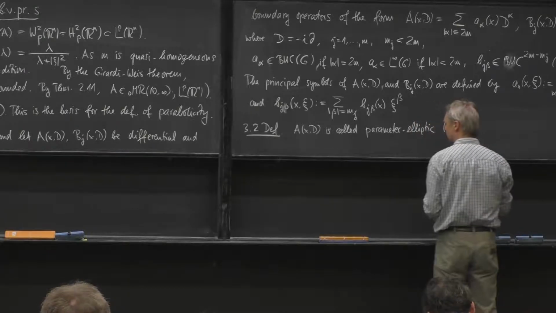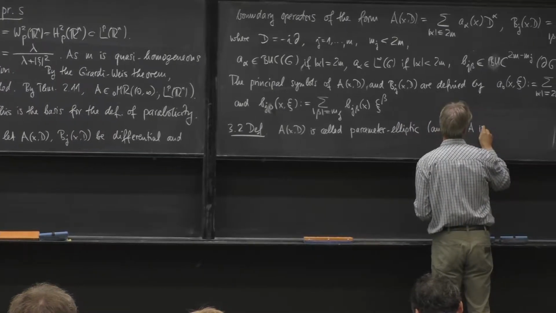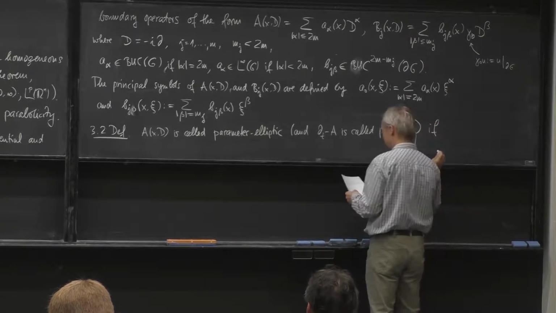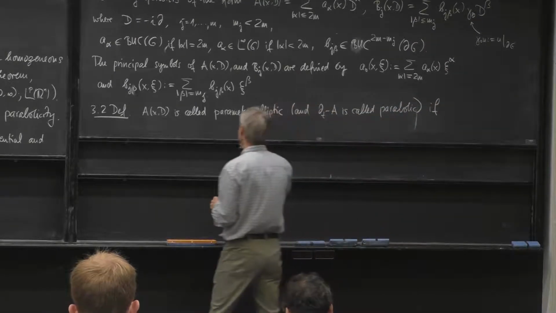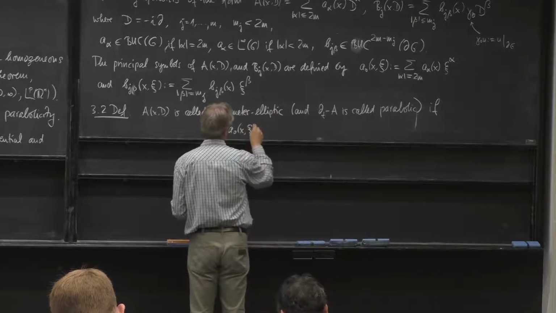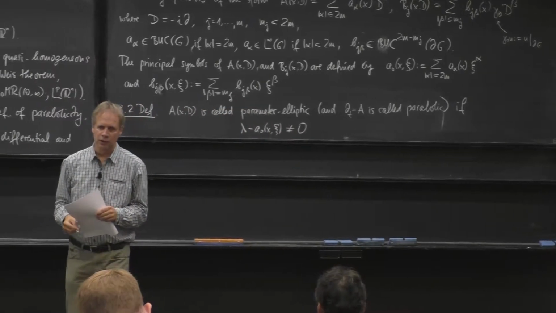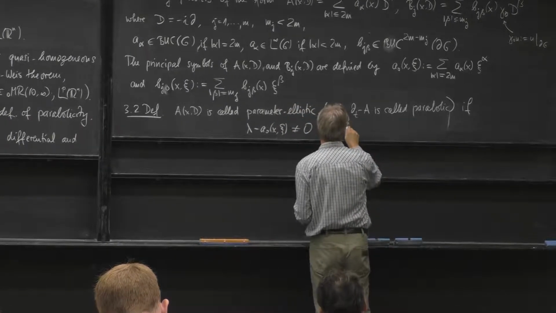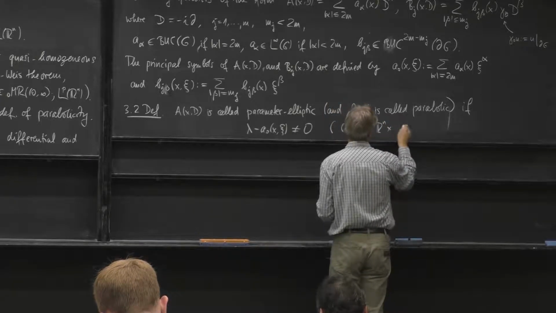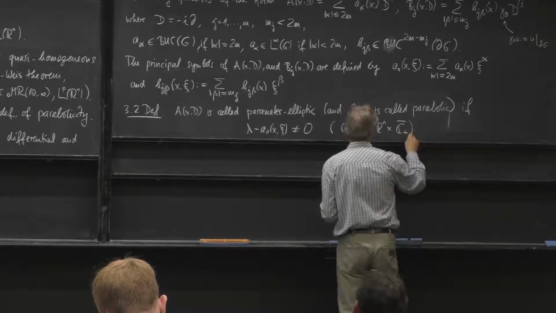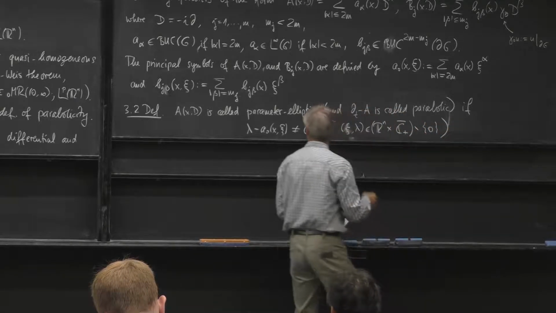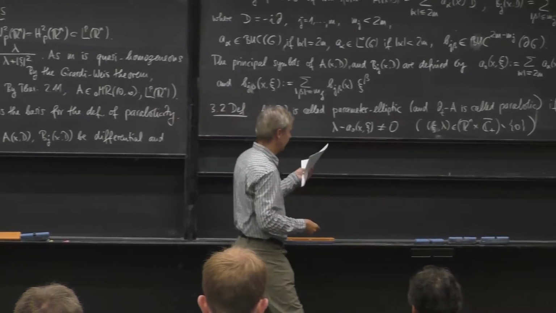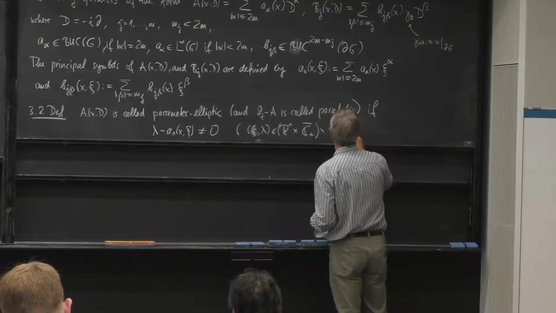And if I consider the instationary problem, dt minus A is called parabolic, if lambda minus the principal symbol does not vanish for all lambda where we are interested in, so with xi, lambda in Rn times the right half plane except 0. And of course, x in G bar.